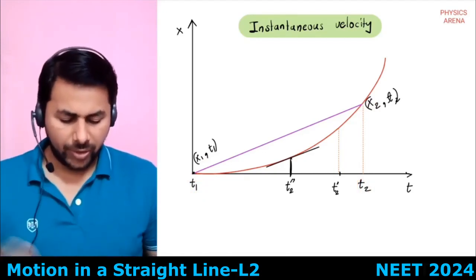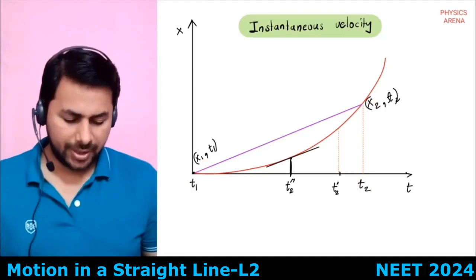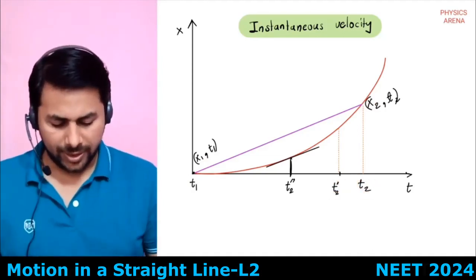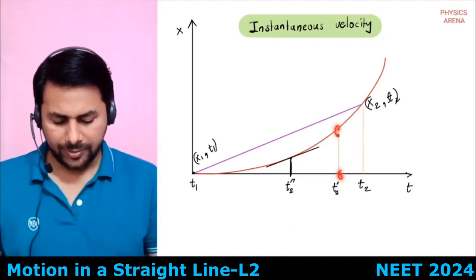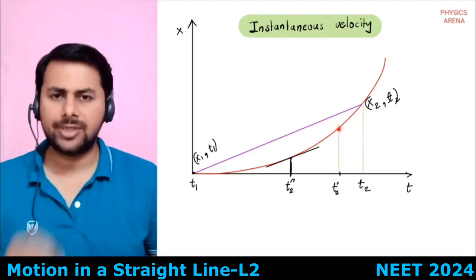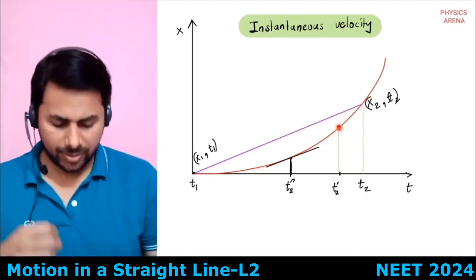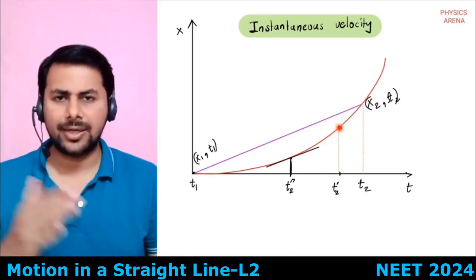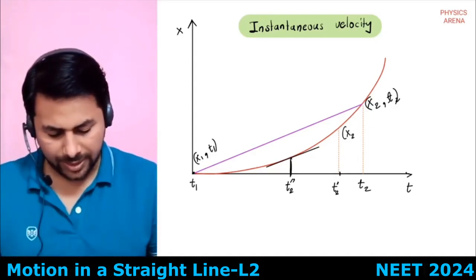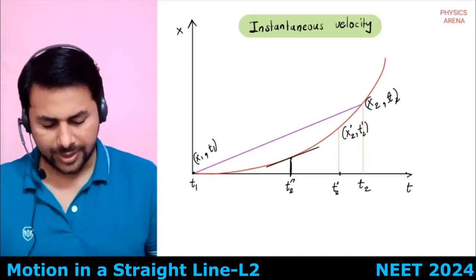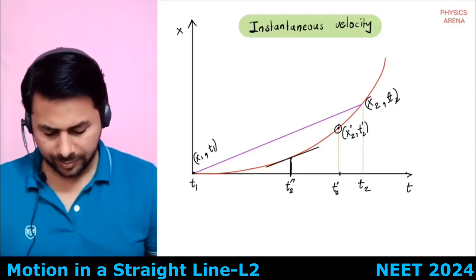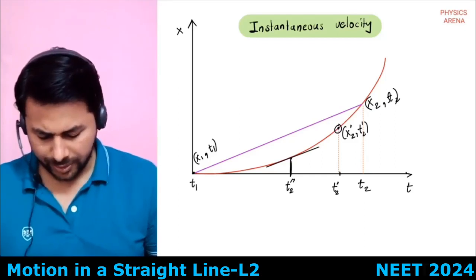Okay, so now what I am doing is I am bringing that t2 closer to t1. So then I get this point. Let's suppose this is t2 dash. So I will get this point, which I can denote as x2 dash, t2 dash. So this point is x2 dash, t2 dash, right?